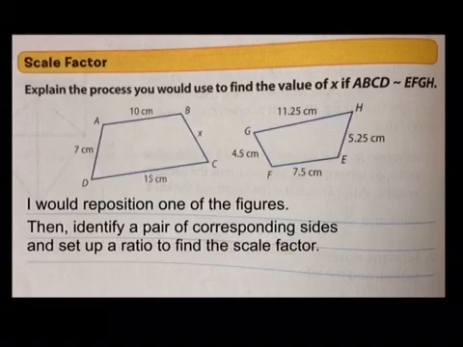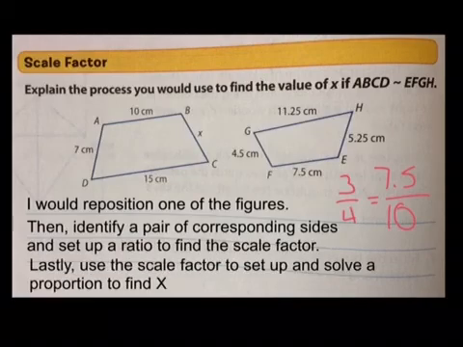If I were to set up the ratio, for example, 7.5 to 10, I see that ratio is 3/4. You see that? And that would be my scale factor. And lastly, use the scale factor to set up and solve a proportion to find X.